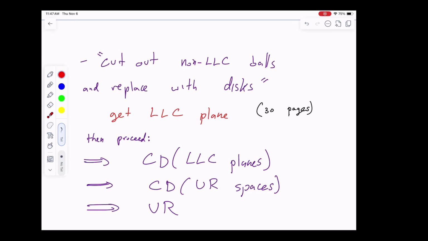When you write this down, it's about 30 pages to do this sufficiently carefully. After you cut out those bubbles and replace them with disks, you can say I now have a coronal decomposition by LLC planes. That means I have a coronal decomposition by uniformly rectifiable spaces, and that means I'm uniformly rectifiable.